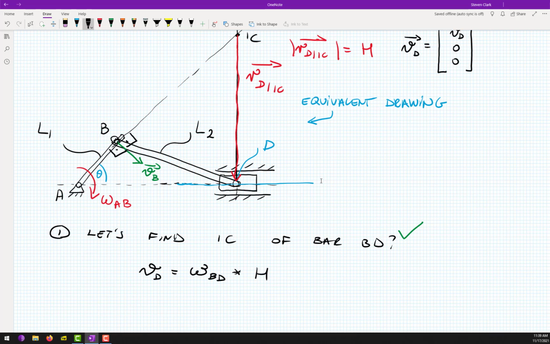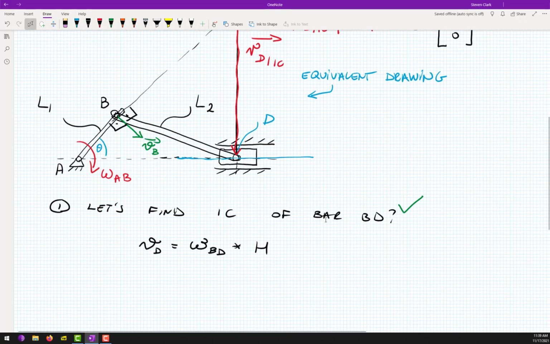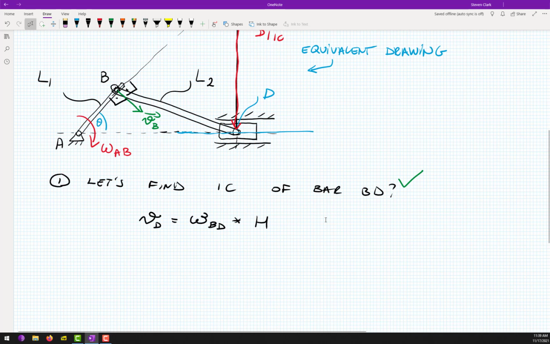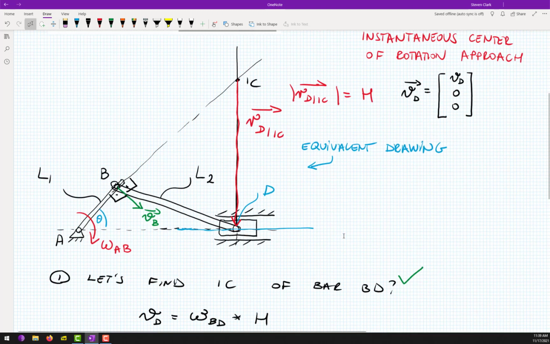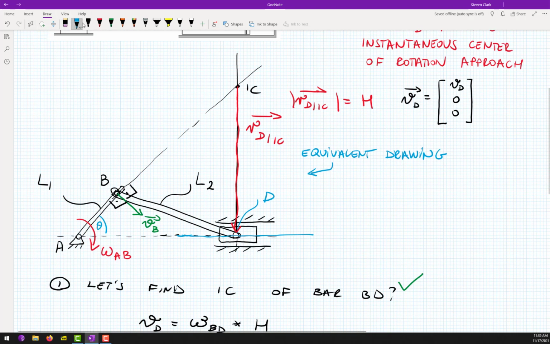However, we don't know H and we don't know omega BD. But let's also find VB, because this will be omega BD times this distance, the orange distance.